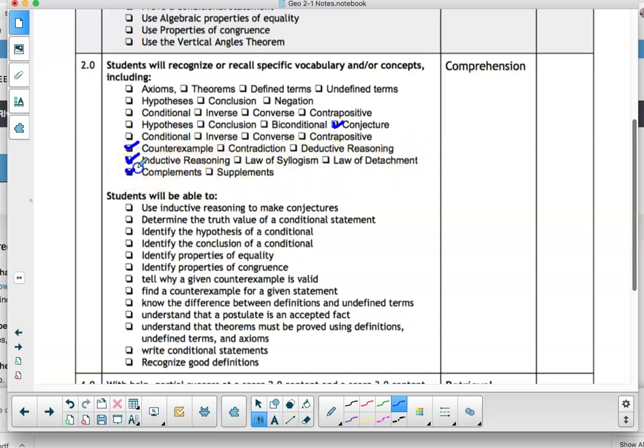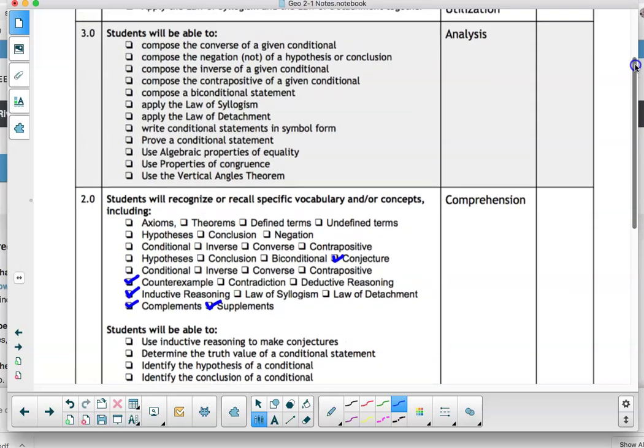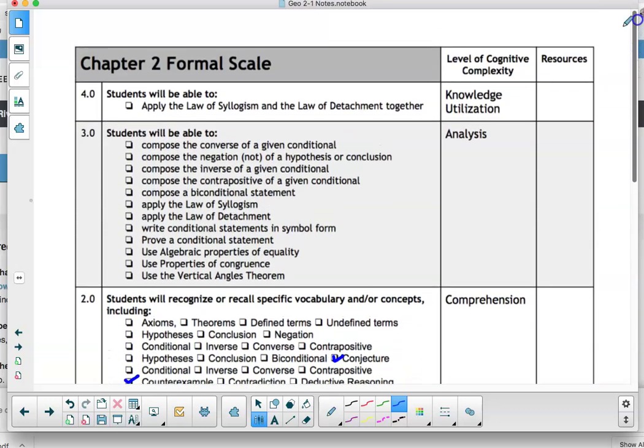I know what complements and supplements are already. I am just reading through, checking off the things I definitely know. Maybe even read through right now today and check off the things you know from other chapters as well. I know vertical angle theorems. Properties of congruence, use algebraic properties, prove a conditional, nope. Okay, I've got them done.